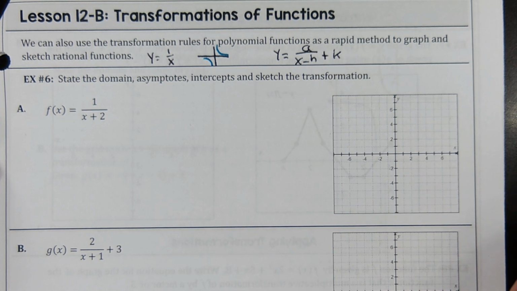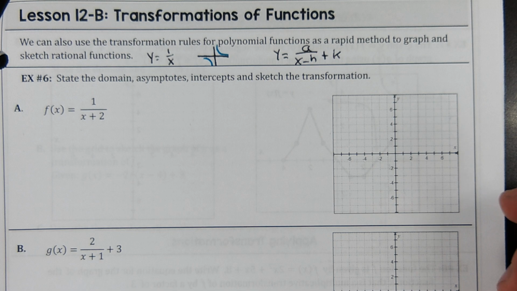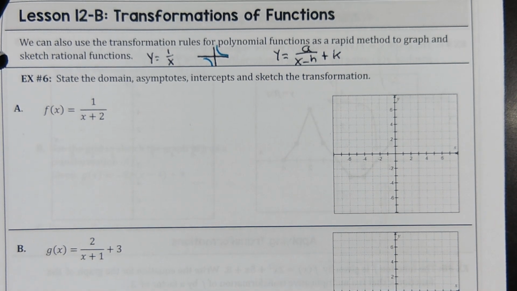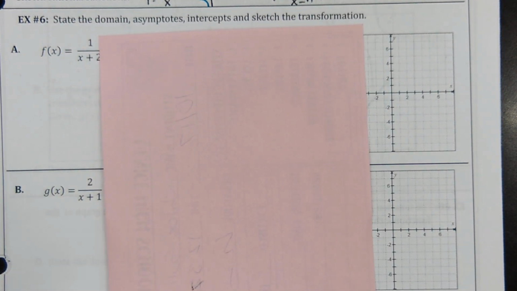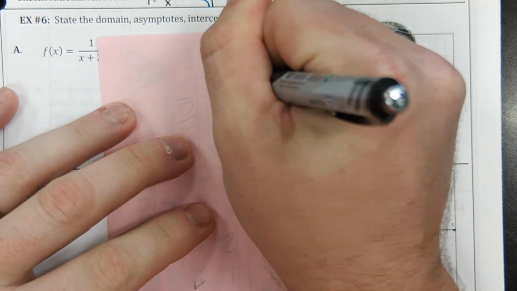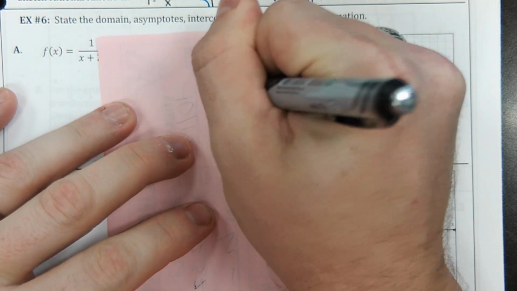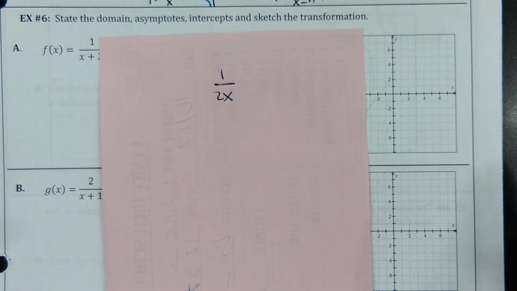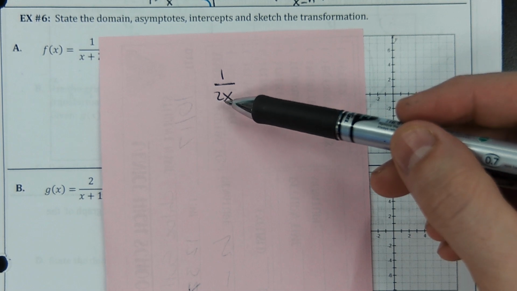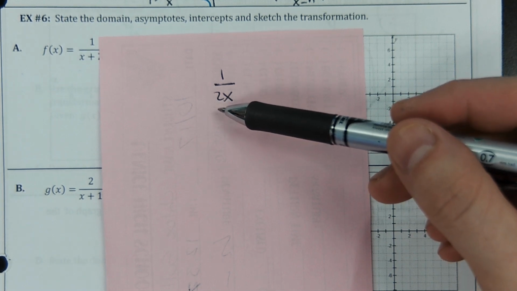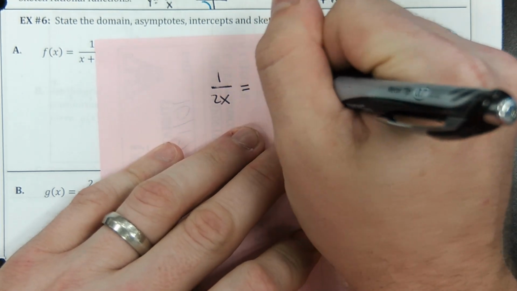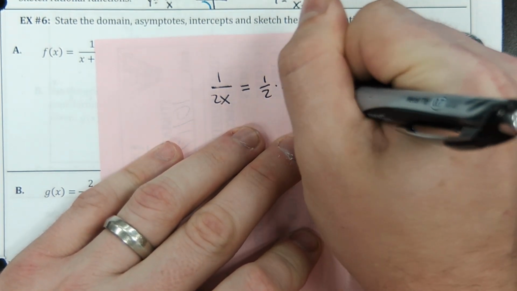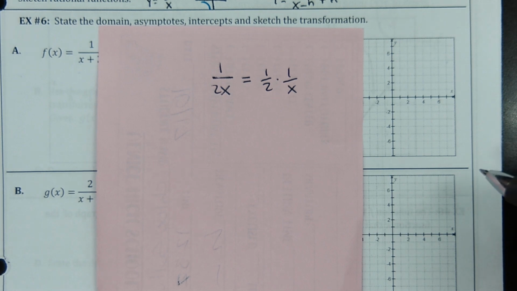Mr. M, I noticed that you did not mention horizontal stretch and shrink. Well, that's because there's a way to manipulate things. Just like with quadratics and cubics, you don't have to write this. You could say that that is horizontal shrink factor 1/2, right? But this is exactly the same thing as saying this. And now it's a vertical shrink of factor 1/2.